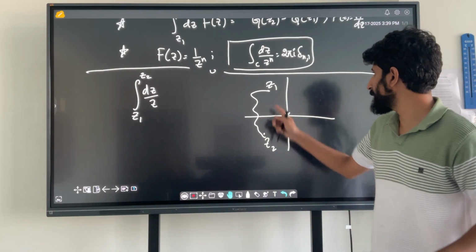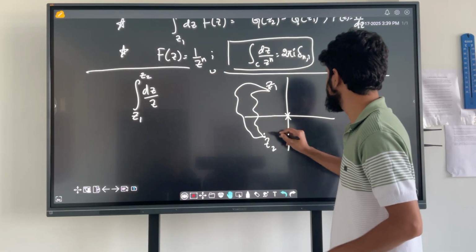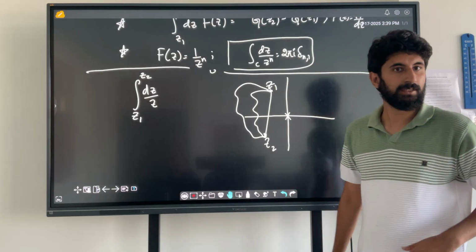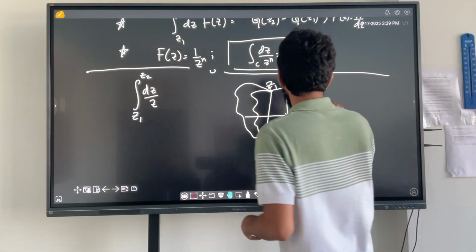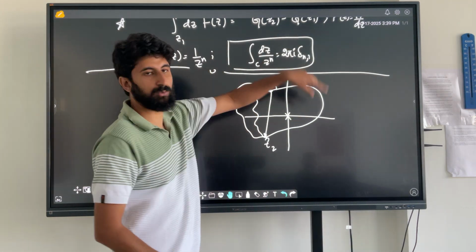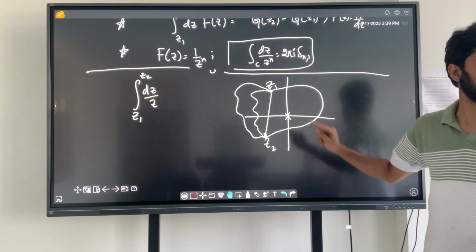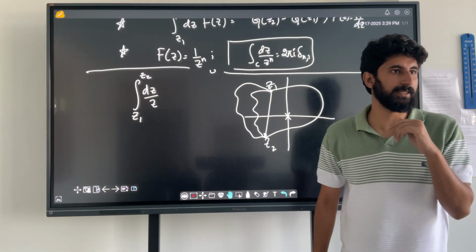One group would be paths of this type, or a straight line from here to here. What would be the other one? Exactly. The other one would go around z equal to 0, around the point where the function is not analytic.